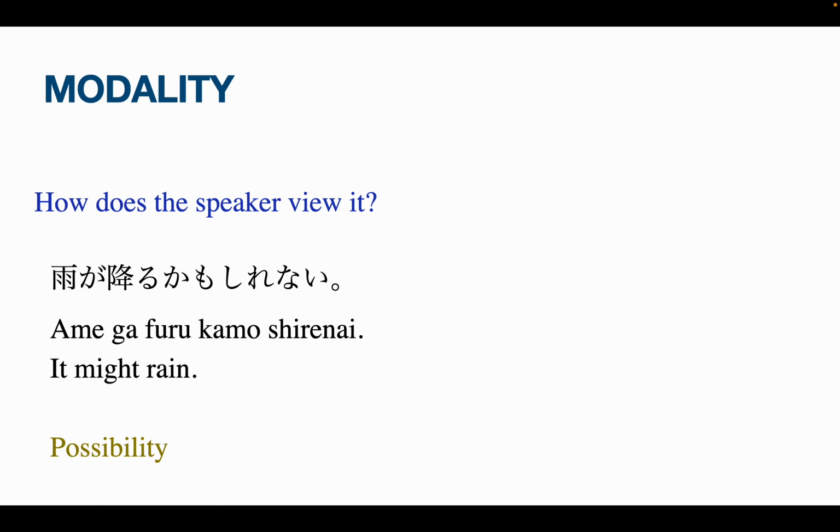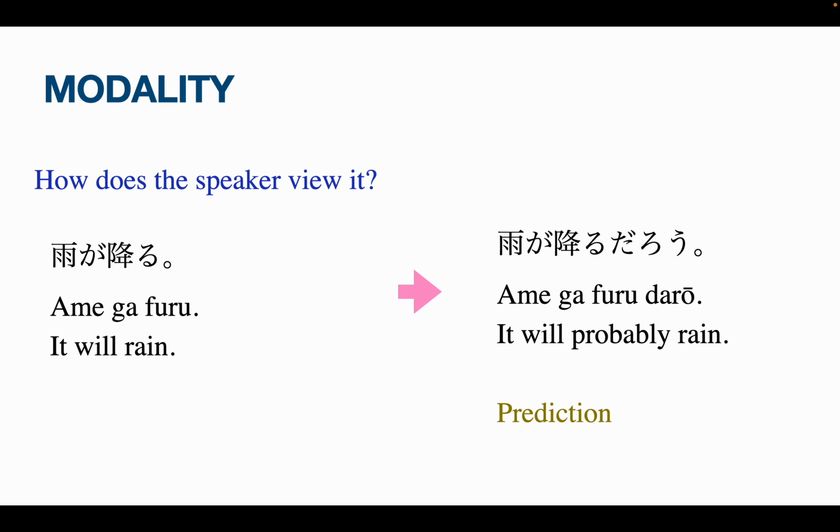The basic event hasn't changed. We are still talking about rain, but the speaker's attitude towards the information has changed. With だろう, the speaker is making a prediction or judgment.